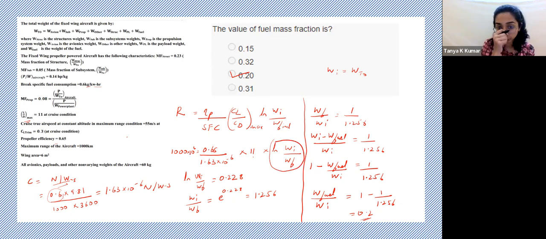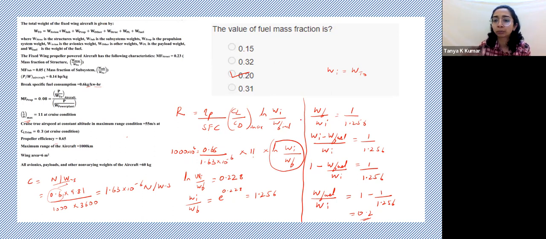Please keep in mind the units. We did make a mistake while solving this now. So you need to keep in mind the units. The range is given in kilometers, so we had to convert it to meter, which was the step that we omitted. Okay, so make sure that you get your units right. So you got this ratio from which we just flipped it to get W final by W initial.